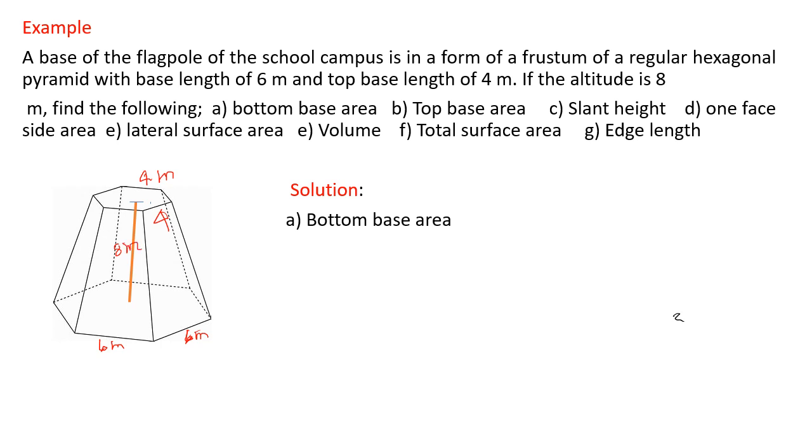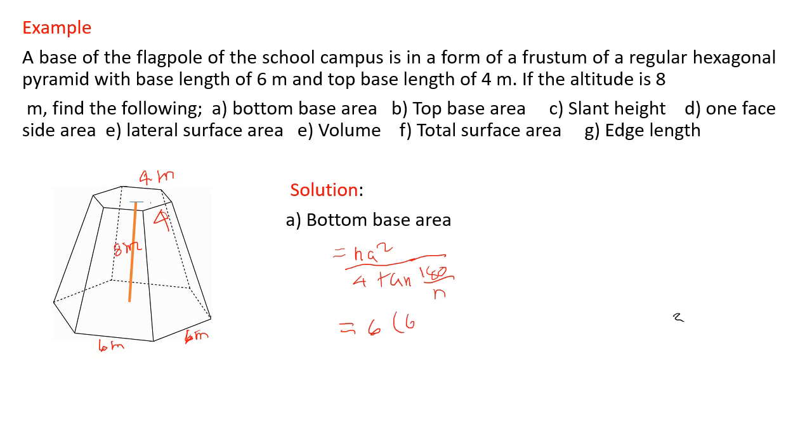So the bottom base area is equal to n a squared over 4 tangent of 180 over n, which equals 6 times 6 squared over 4 tangent 180, where n is equal to 6.